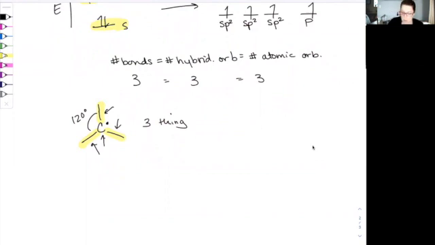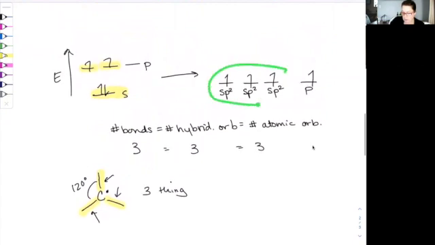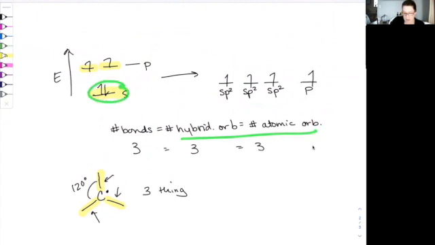So if we are going to form 3 bonds, we need 3 hybridized orbitals, which means that we need to combine 3 atomic orbitals to make those. So we start with the S, and then we pick 2 P's.